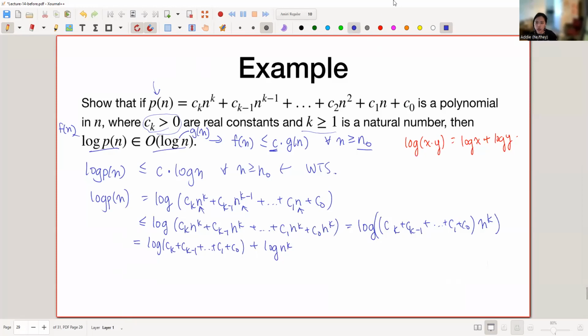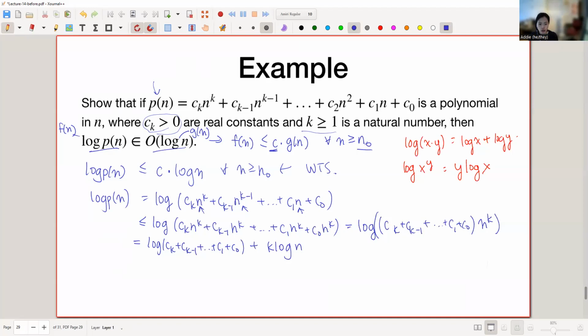And furthermore, we have the logarithm rule that log of x to the y is equal to y log x. So we can further simplify this term to just be k log n.